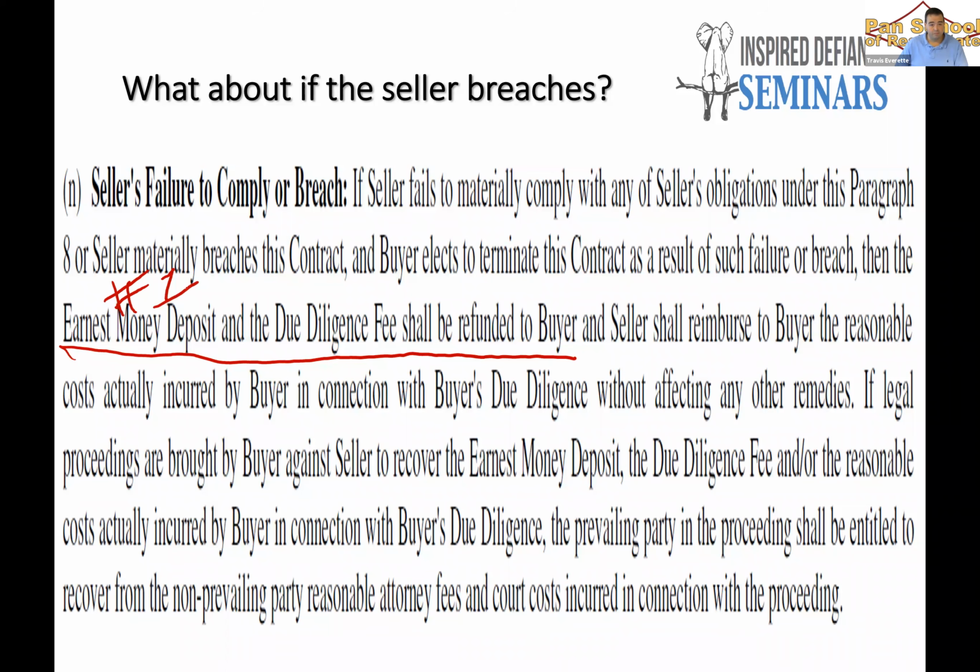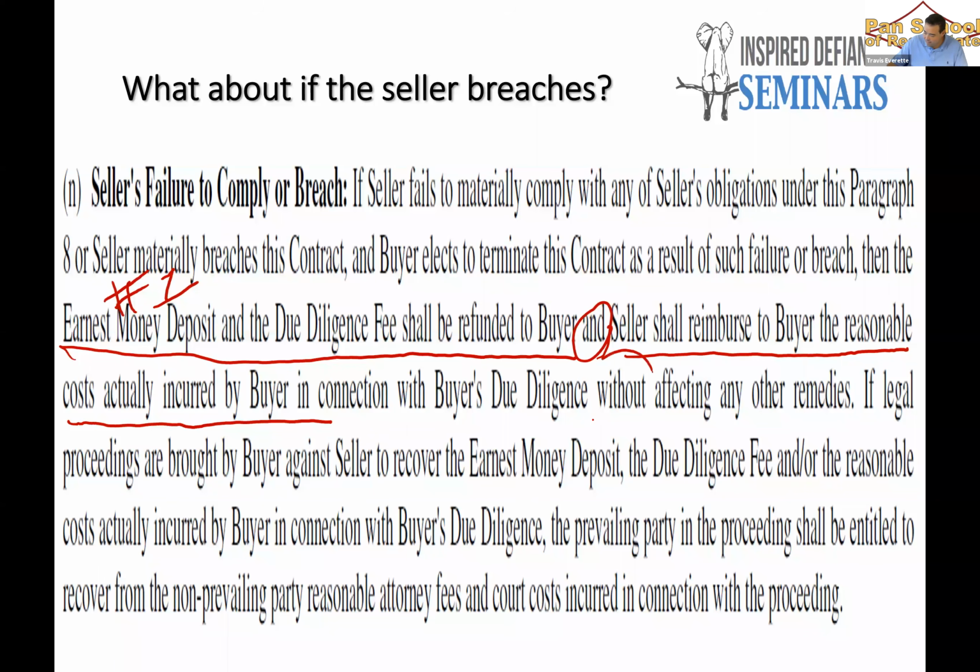Is everybody okay with that? But it doesn't say as liquidated damages. It says, and the seller shall reimburse the buyer the reasonable cost actually incurred by the buyer. There's our compensatory damages.